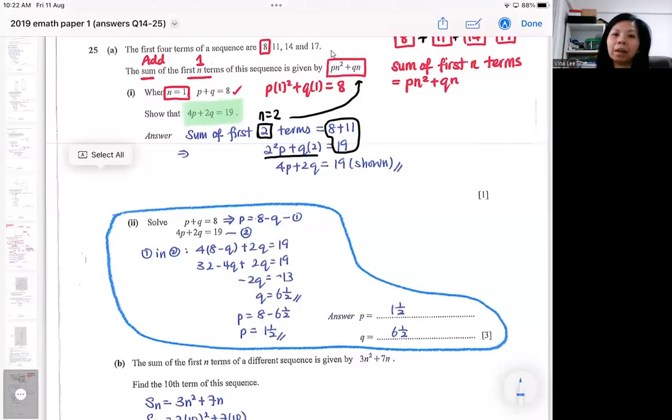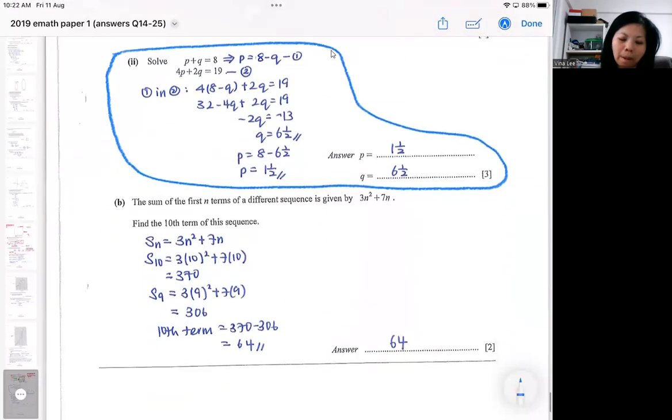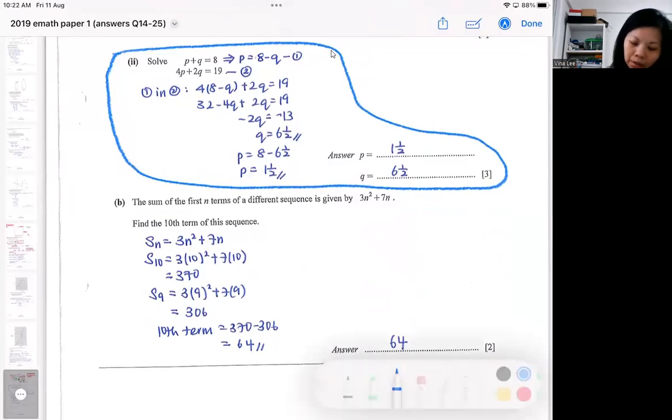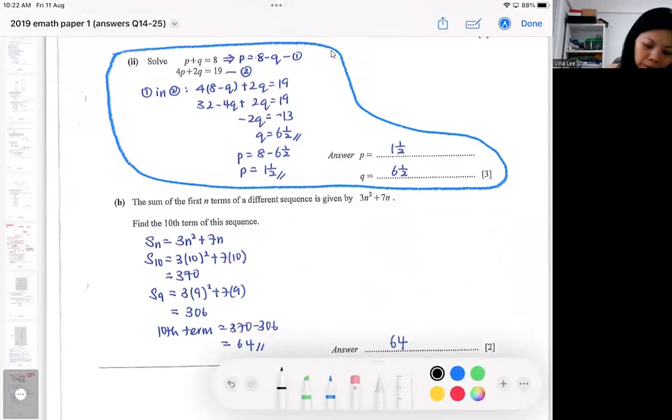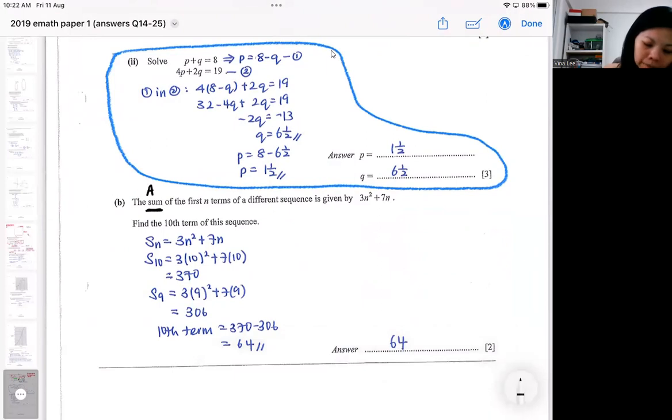Okay, so we are going to extend this to part B. Again, this is the sum of the first n terms, so you are adding up the first n terms. This formula will give you the sum.